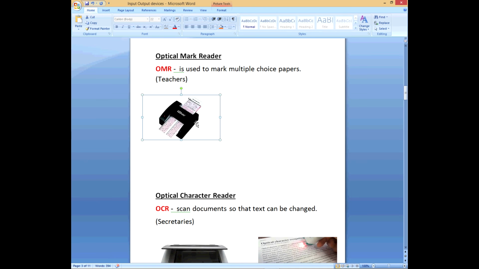Okay. Now, in certain schools, they have what's called an OMR. OMR stands for optical mark reader. The optical mark reader is used to read multiple choice bubble sheets, they're called.